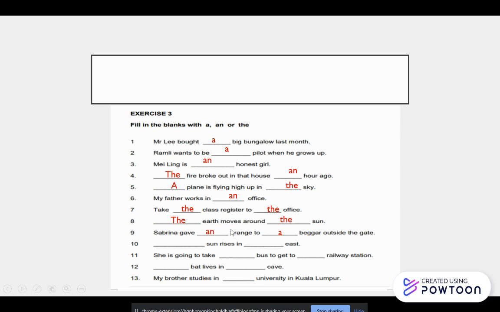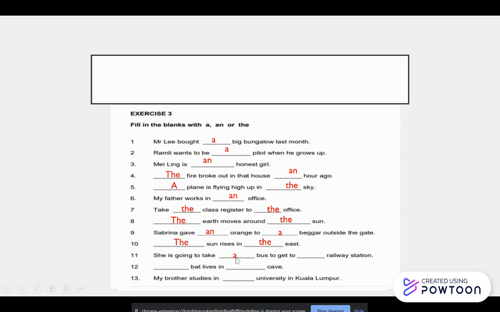Orange is also one countable noun, singular countable noun, and it's to indicate one orange. And O is a vowel. The sun rises in the east. Because sun definitely rises in the east. We only have one east, we have one sun. So it's a specific article. So because of that is what we use the.